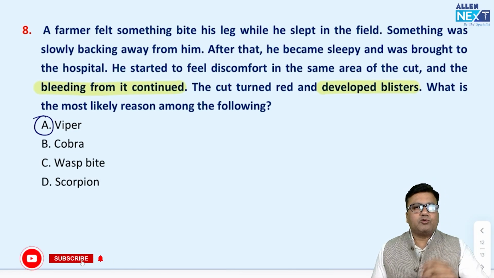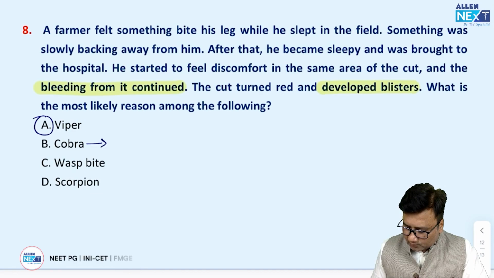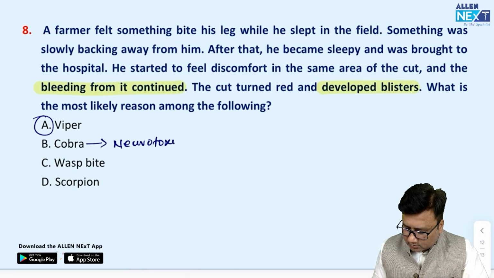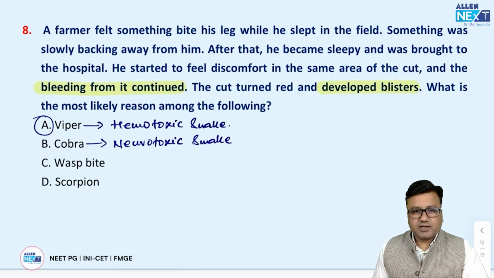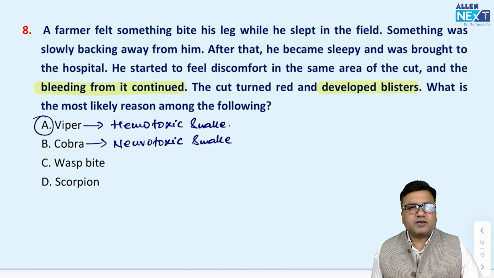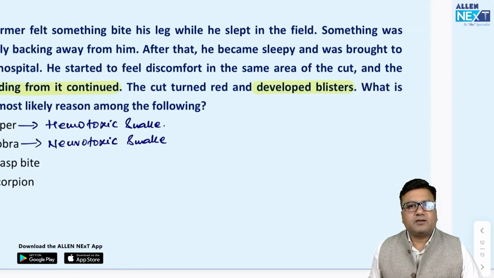Out of the two options A and B, viper and cobra, cobra is a neurotoxic snake and viper is a hemotoxic snake, right? So this is consistent with a viper bite, right?